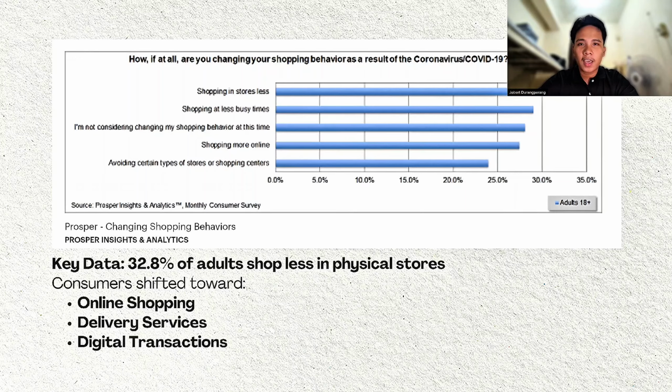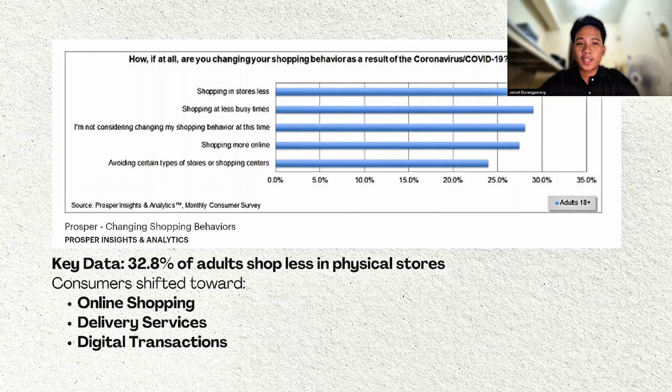In microeconomics, this reflects changes in consumer preferences, convenience maximization, and reduced transaction costs. Consumers realize that online shopping saves them time, reduces their transportation costs, and provides easier access to their products. As a result, businesses had to adapt by creating both physical and digital presence.